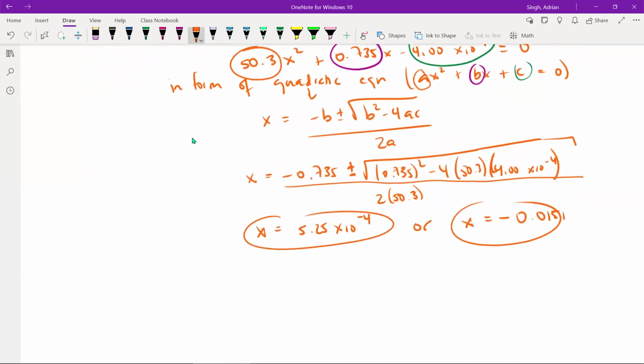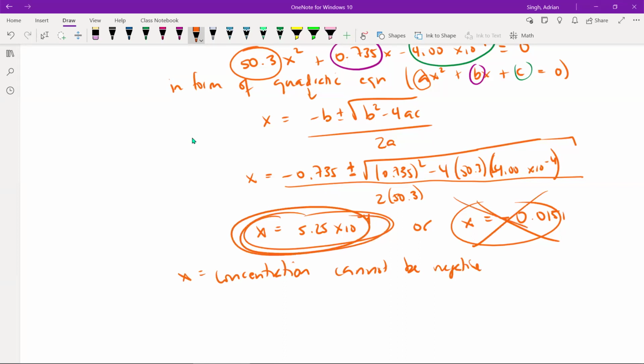Remember now, x is a concentration, and x here and concentrations in general cannot be negative. So that means we can ignore the negative solution. So we're going to go with the first one, right? So our x value then is equal to 5.25 times 10 to the minus 4.